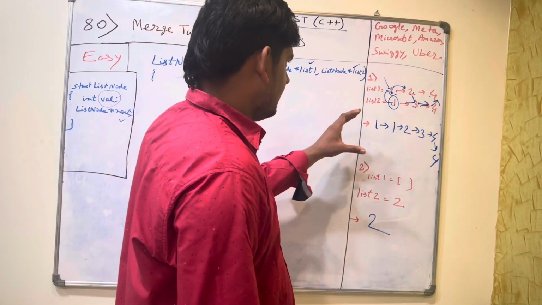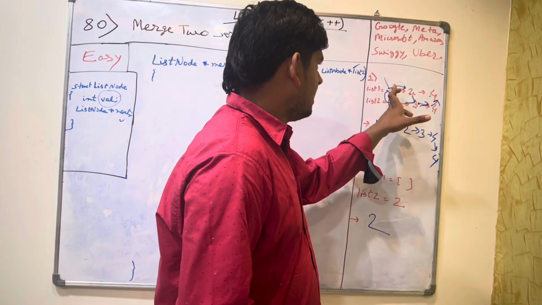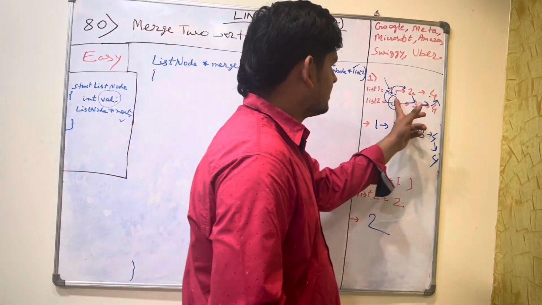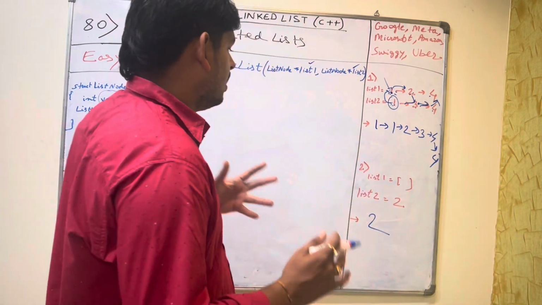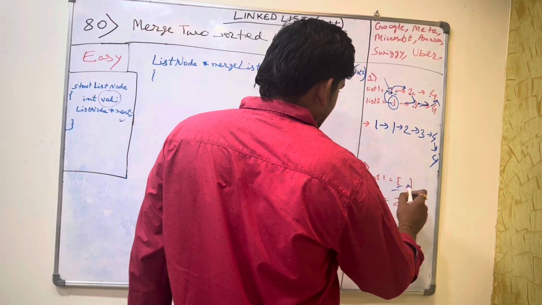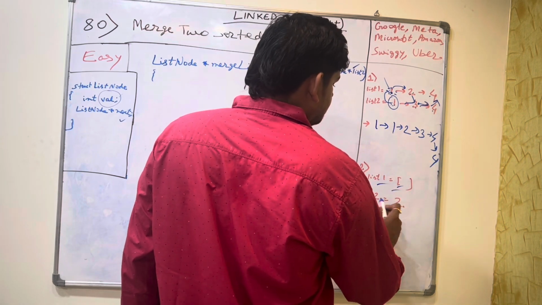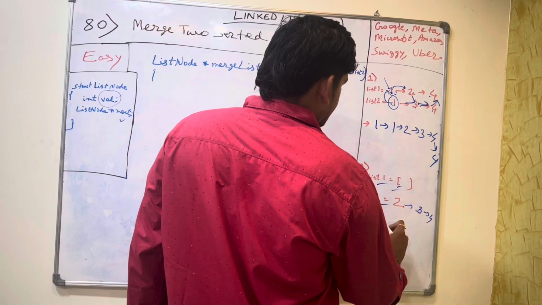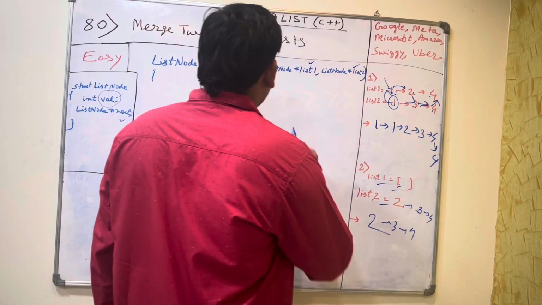We can't create any new linked list and keep on comparing and adding, okay? So we have already discussed what we have done here. In this case, there are no elements in this list, so we can directly return list 2, whatever the list 2 elements are. It could be 2, 3, 4, so then we return 2, 3, 4, okay?